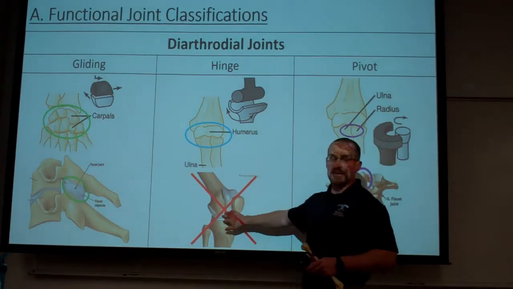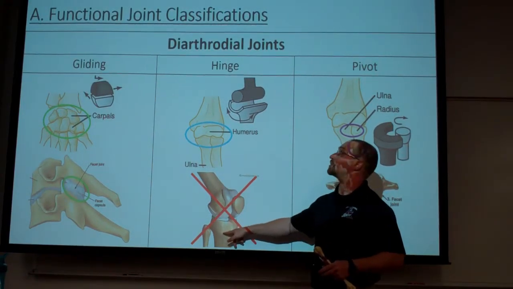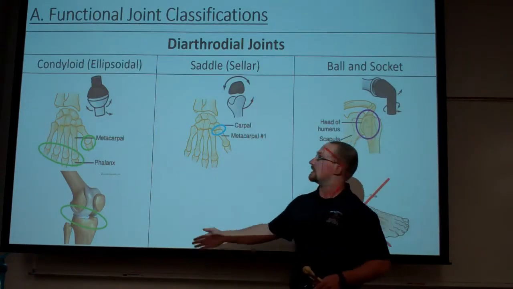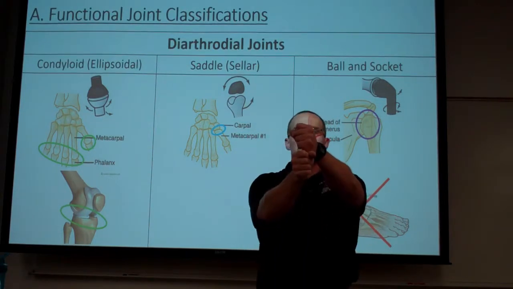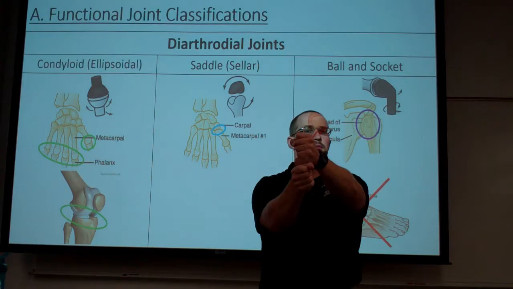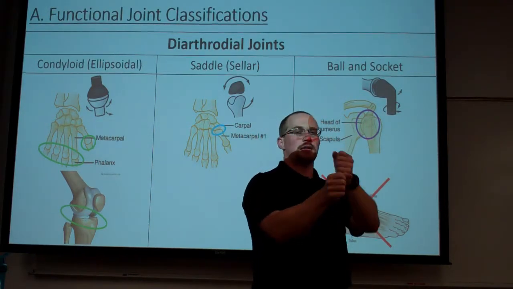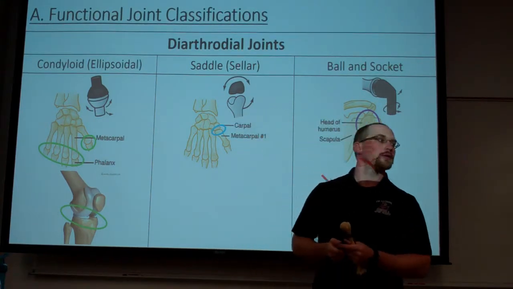Additionally, your knee, between your femur and your tibia, you would think would be a hinge joint, but it's technically not a hinge joint. It really is a condyloid joint. That's because your shin, or your tibia, can actually twist a little bit. So not only can your knee flex and extend, it can also twist a little bit. And again, we'll talk about that later this semester.